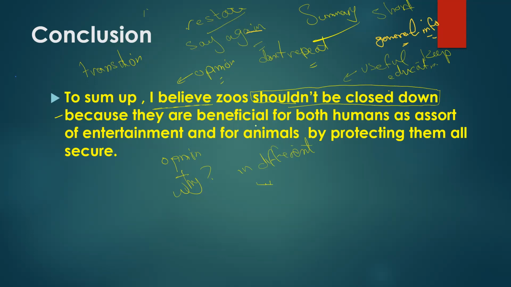Then he said here, because they are beneficial. He didn't use the word beneficial in the text. He said useful, helpful, and so on, for both humans as a sort, it is one S, not two S, of entertainment. Also, the word entertainment is not used in the text.